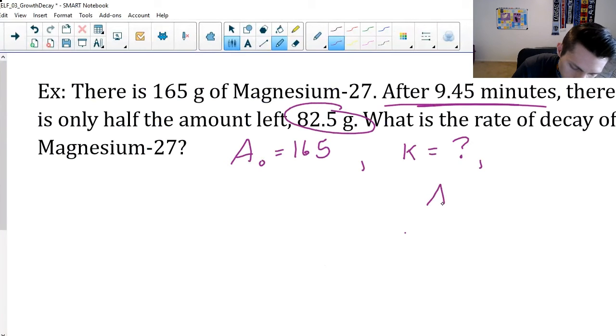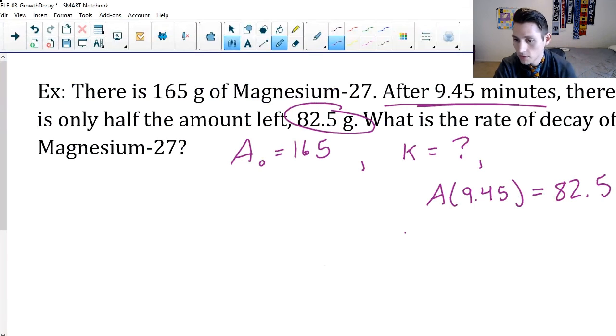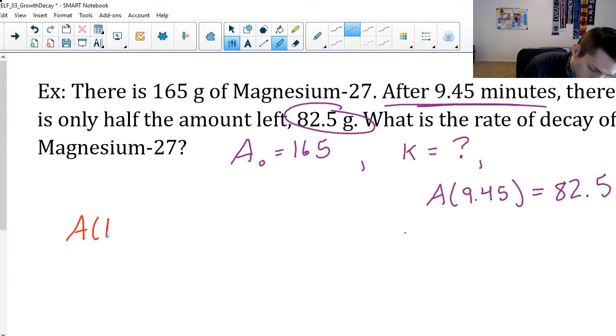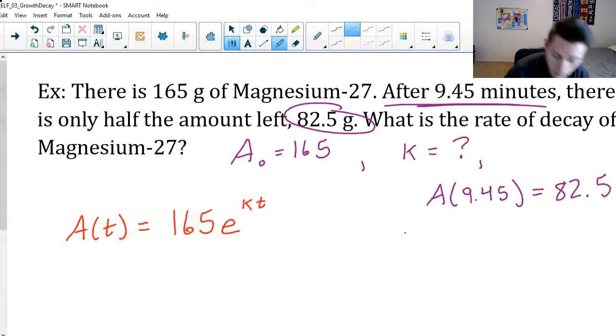But the other thing that I do know is that after 9.45 minutes, there's 82.5 grams left. So whatever my equation is, if I plug in 9.45, I know the answer I should get is 82.5. So that's helpful. But first, let me just write the general equation as much as I can. A of t equals 165 e to the power of kt. I don't know what k is, so much less information initially in terms of the actual model.